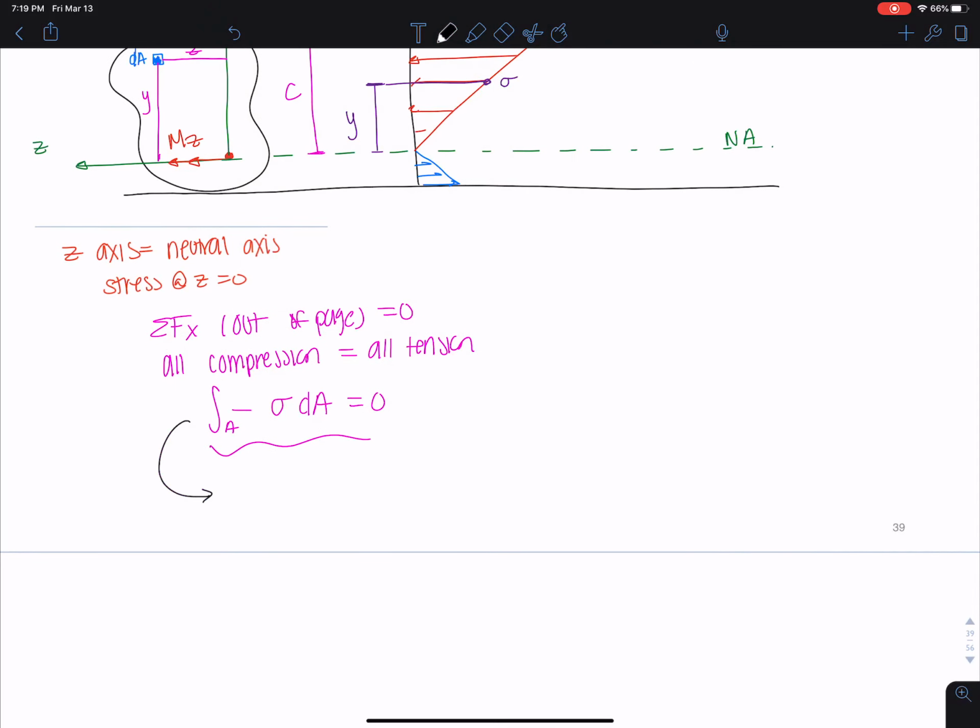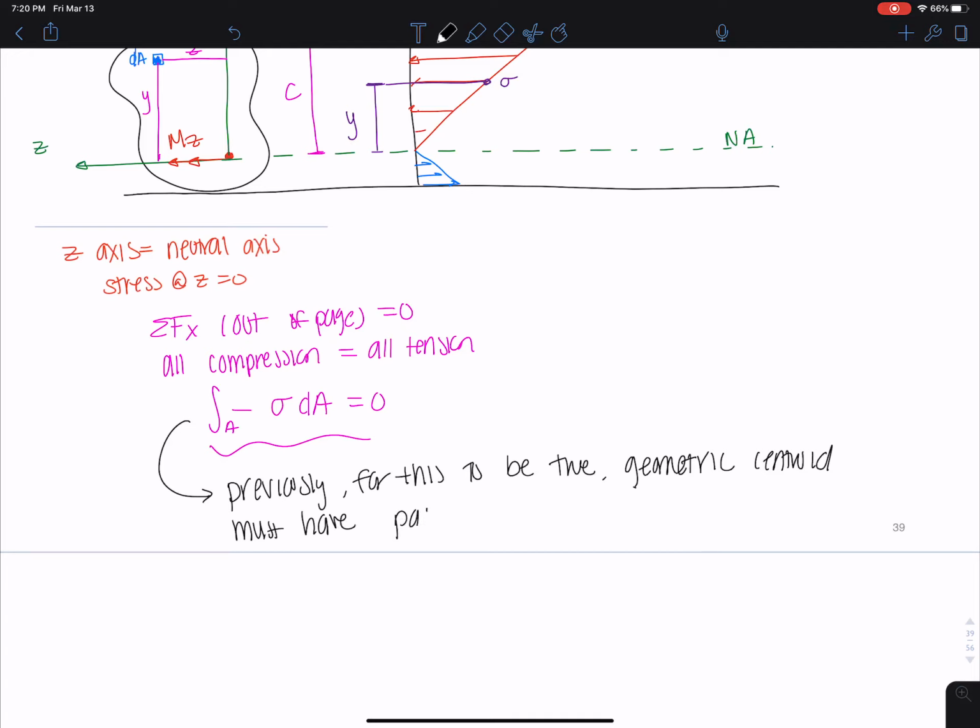Previously, for this to be true, the geometric centroid must have passed through the NA. Okay?